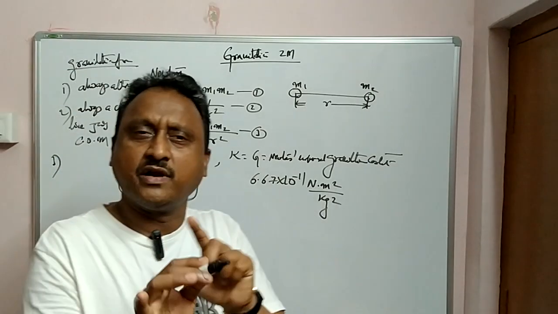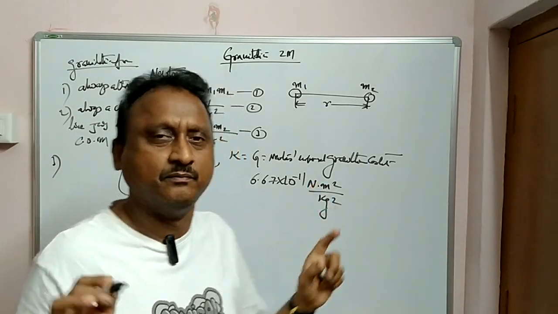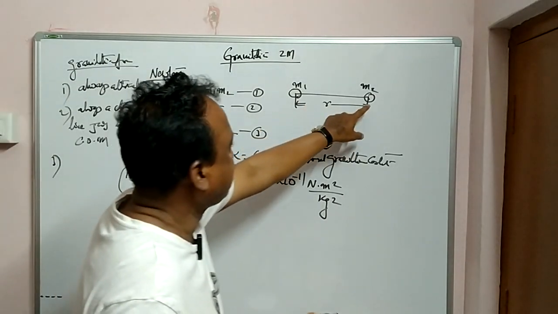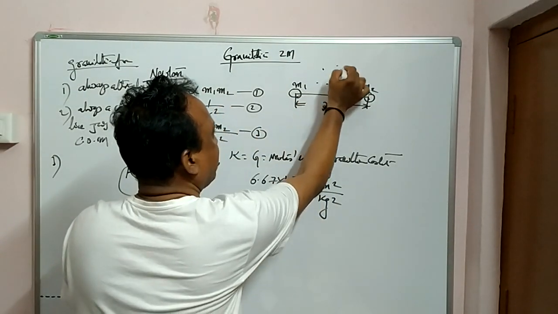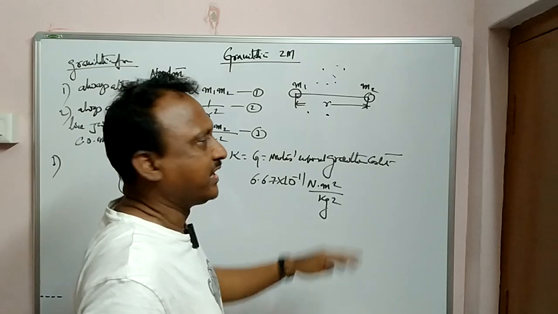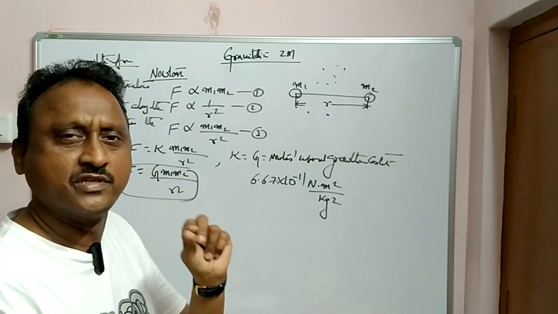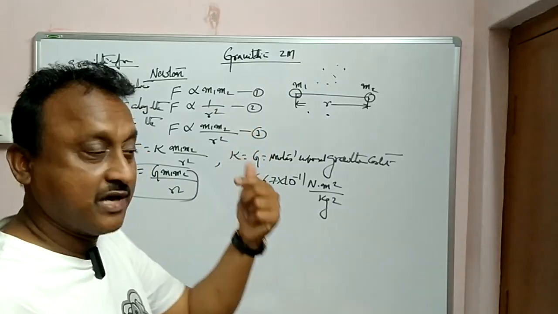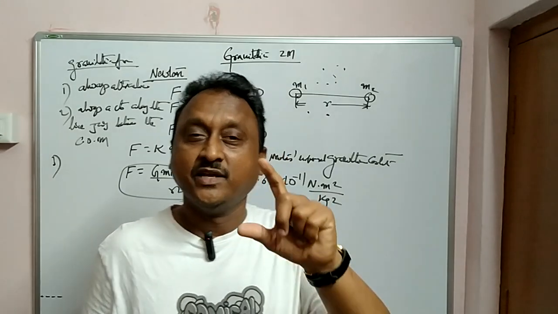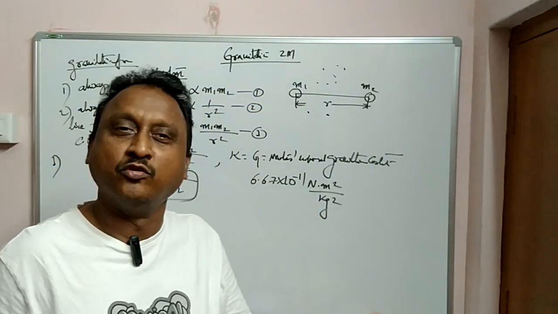gravitational force does not depend upon any medium. Even if a medium is there, for example kerosene or any liquid placed between two bodies, it does not affect. The force remains constant. Because in electrostatics we have studied that due to the medium the force changes in Coulomb's laws.